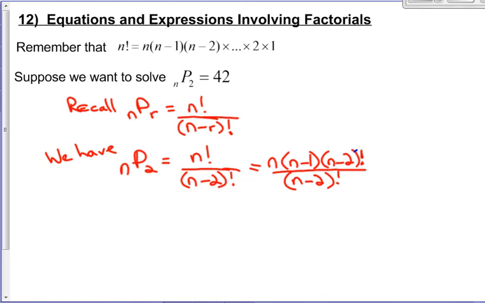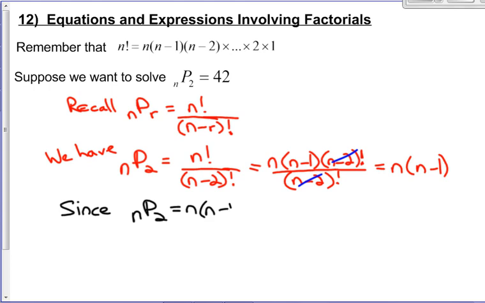So really this whole setup of nP2 can be rewritten as n times n minus 1. So since nP2 equals n times n minus 1, we're really solving this.